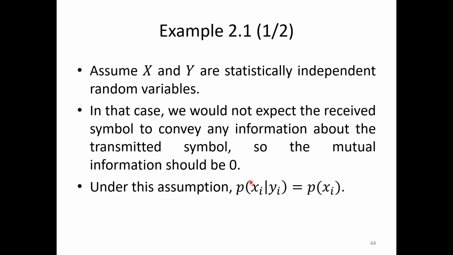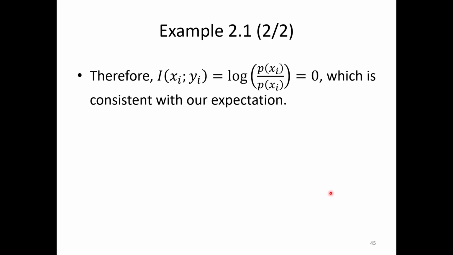And now P(x_i given y_i) is equal to P(x_i). So it is equal to log 1, which is equal to 0, consistent with our expectation. That is, no mutual information here.